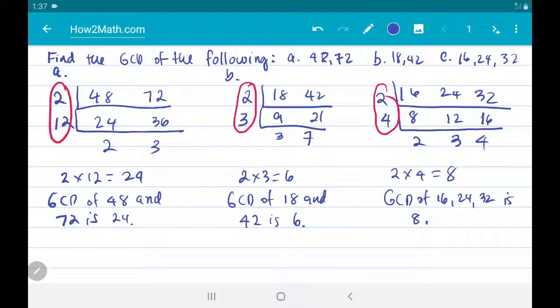So if there's no more common divisor, like 2 and 4, in the LCM, 2 and 4 can still be divided by 2, even though 3 is not divisible by 2. But here, if there's no common divisor, then you have to stop and multiply all the common divisors. Okay, hopefully you'll be able to see the difference between the two methods, although they are both called the ladder method.